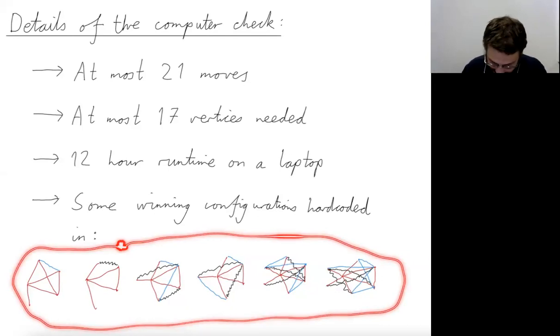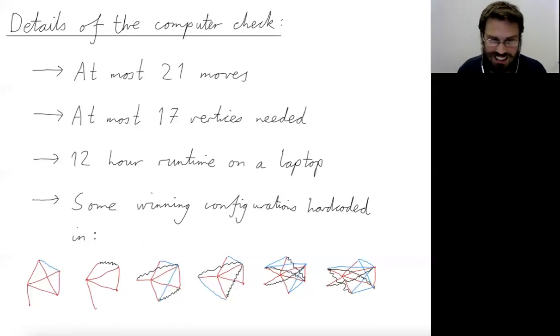So that's these 6 configurations down here. And what the program does is it just looks to see if these are present. And if one of them is, then it says, aha, now I can run through this, I can force the win, and so I can stop checking at that point.